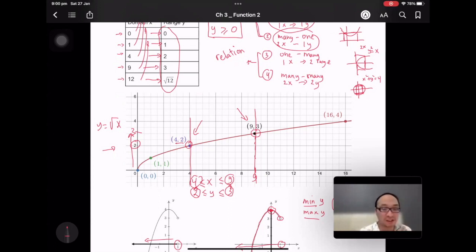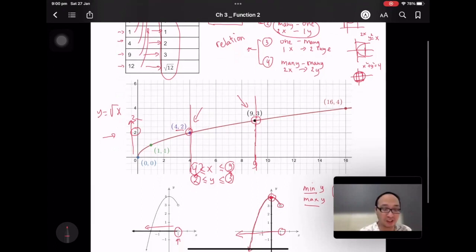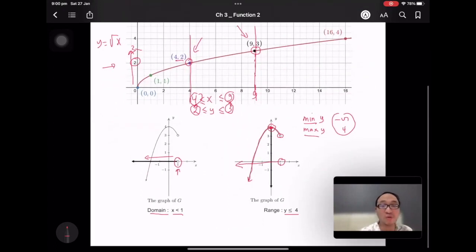But it will be different if we have a many-to-one function, like we have in here. For example, I will erase this first.